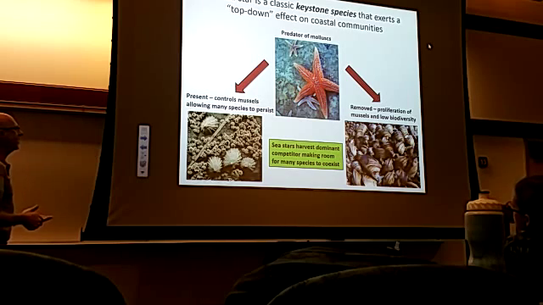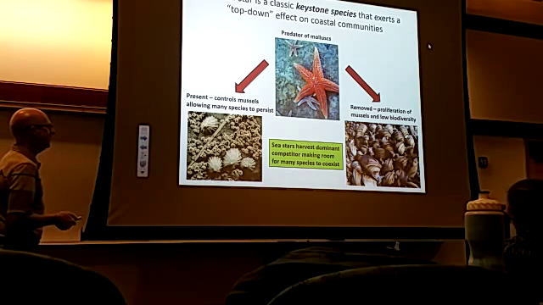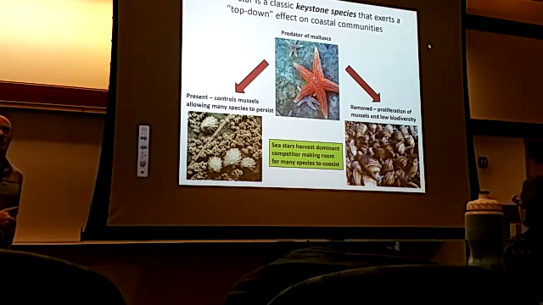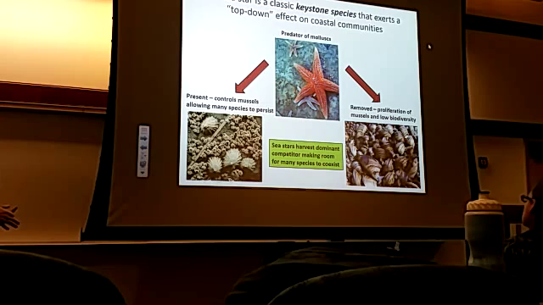So a really good example of this, it's used all the time, is in marine systems. And we've talked before about mussels, for example, and other bivalves and other mollusks that live in marine systems on rocky substrates, and they compete with each other for space. So you can have a lot of bare rock out there, and it's got barnacles on it, and limpets, and mussels.